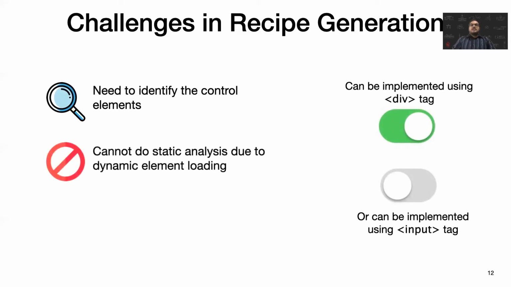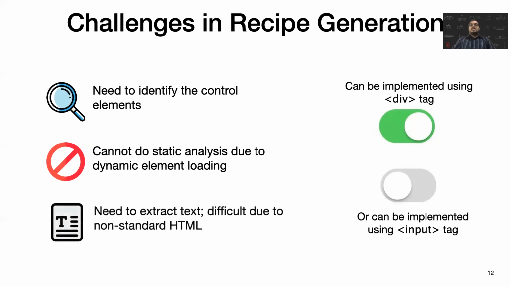Another key challenge is to extract dynamic paths or elements present on the page. These could be the dynamic elements loaded after user interaction, like the push notification settings that we saw on Twitter earlier, or connected elements where one option's availability depends on another. Finally, the last challenge is to extract the relevant text corresponding to the settings.